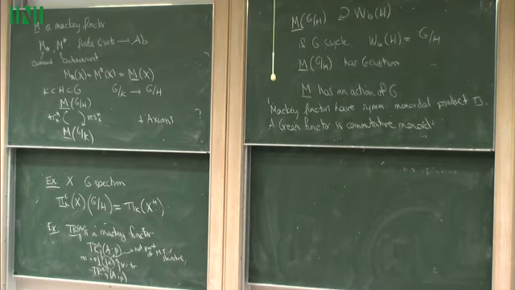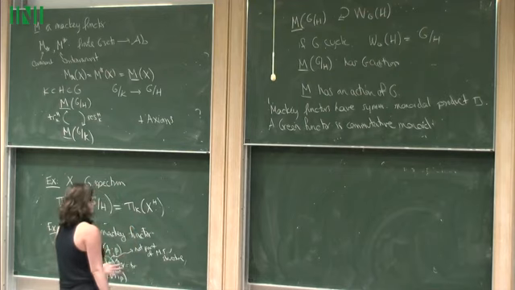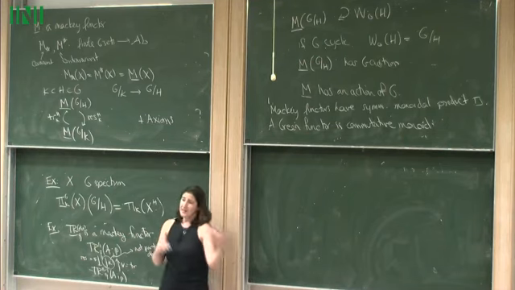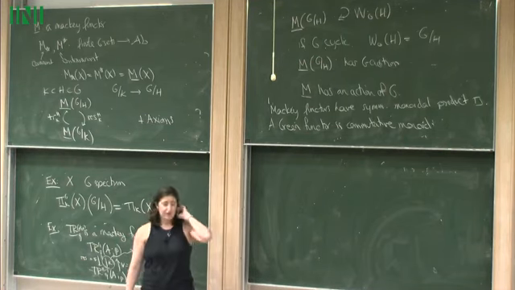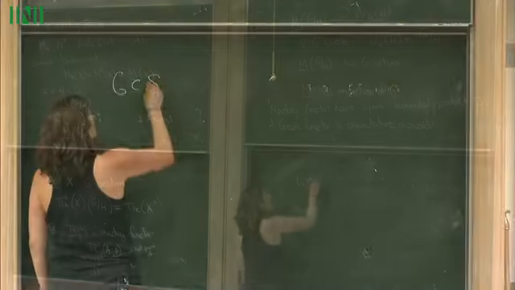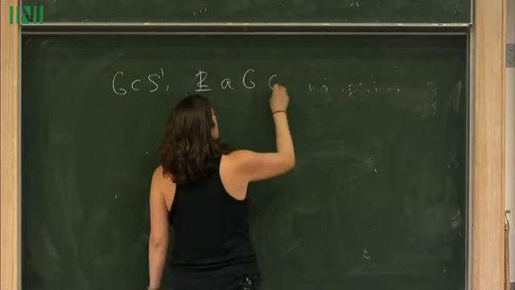So what do I want next? I want to define a twisted cyclic bar construction for these Green functors. I'm going to try to mimic in algebra what we did in topology, so I'm sort of going in the opposite direction of what we did earlier. Let G be a subgroup of S1 and R a G Green functor.